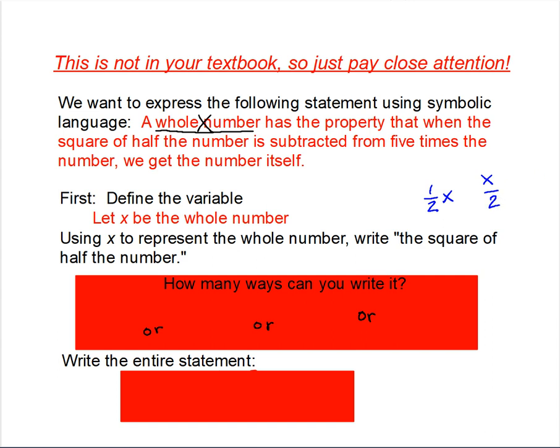But we also need to look at that it's the square of that. So what does squaring it mean? Yeah, we have to have that exponent of 2. So we would have to take this and square it, or take this and square it, or we could actually do that squaring and get something different.